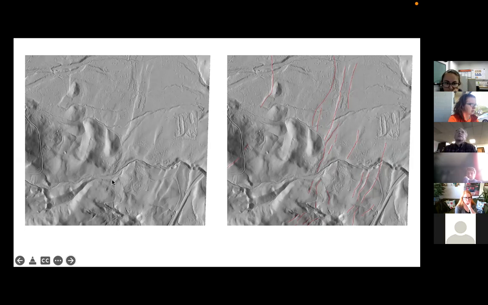So I'm interested to see if anybody picked out some of these. They're in there. They're very subtle and difficult to pick up. But some of the more prominent ones are pretty obvious, sort of these sub-parallel traces that are along strike of the main fault.